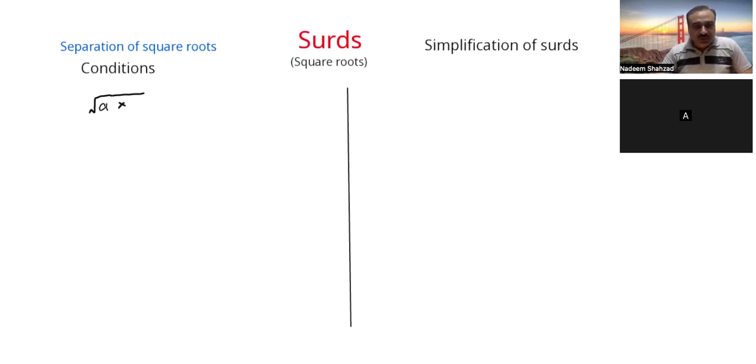Now these two terms are being multiplied, so we can separate their square roots. We can write it as square root of a multiplied by square root of b.